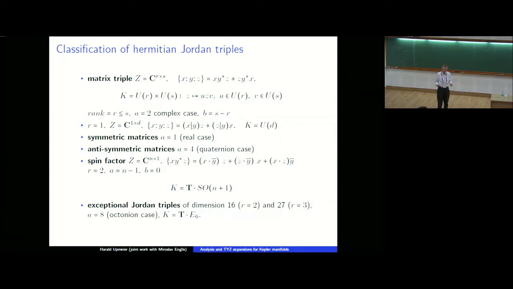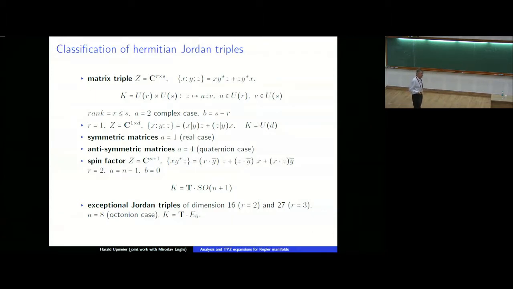The reason is it is generated by a certain spin system. A spin system in quantum mechanics are symmetries having the Clifford relation. Symmetry is the spin up, spin down, and they generate such a triple. So that's why it's called a spin factor.